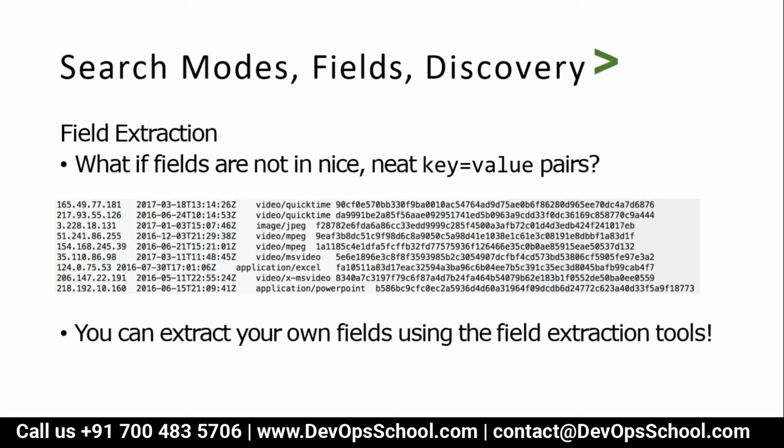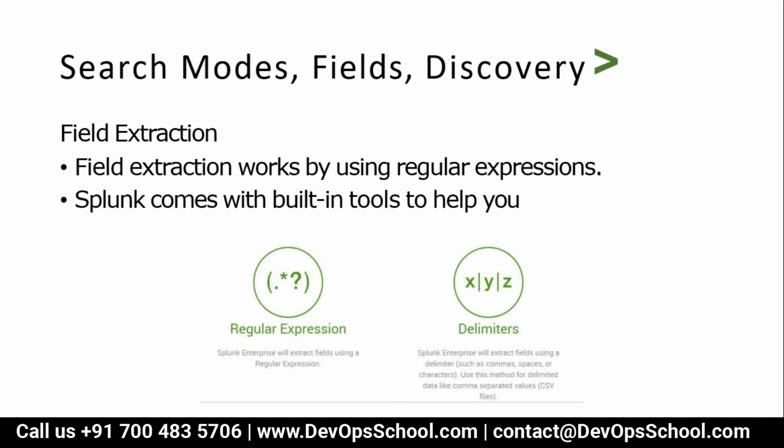By the way, if you want custom rules to create a field and you have your own delimiters, you can create them using regular expressions also. Very well possible. These are the ways to do field extraction.